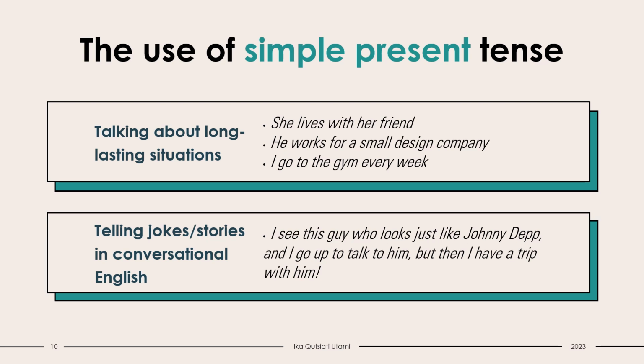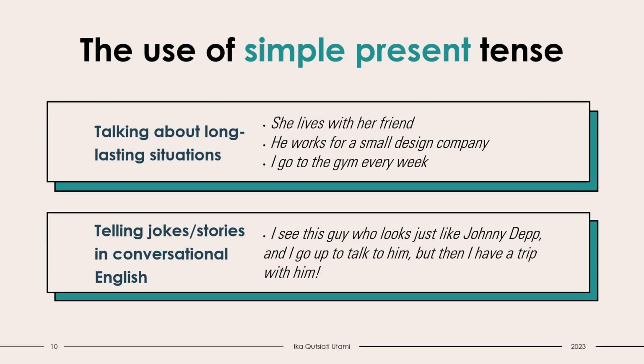Maybe she's just staying with her friend while she looks for her own place. When we use the present simple to talk about situations, it suggests that the situation has continued for a long time and or that we expect the situation to continue for a long time in the future.